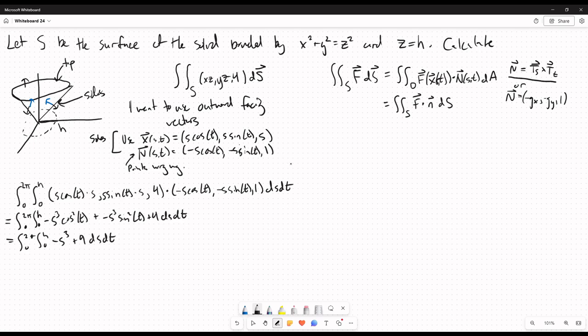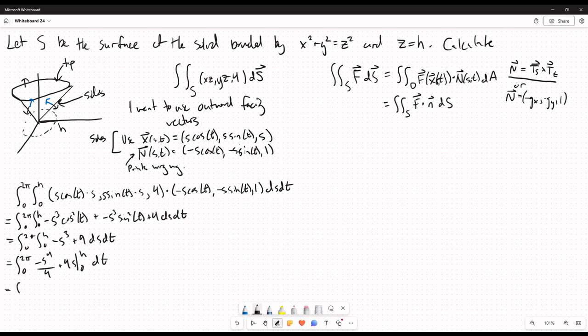So that's nice. When I integrate that, it's not going to be too bad. When I integrate with respect to s, I'll get negative s to the 4th over 4 plus 4s, evaluated from 0 to h.